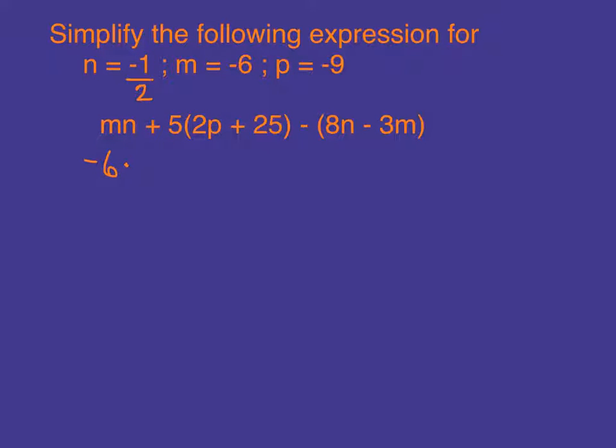So we've got 6 times negative 1/6, excuse me. Remember, the reason I put those in parentheses is to separate that negative sign from the multiplication so that we don't get confused.